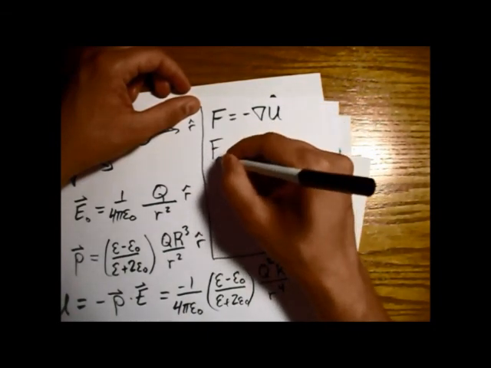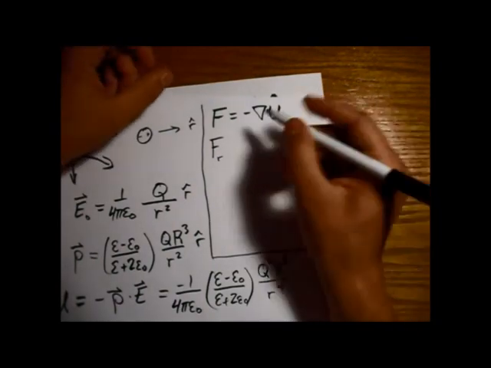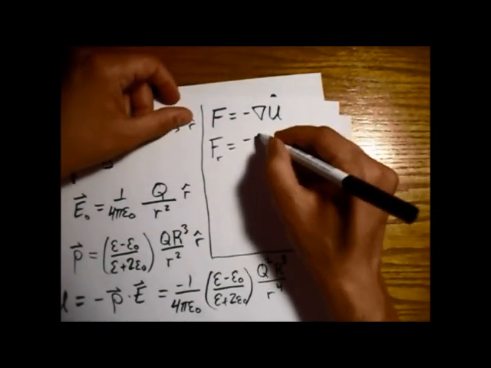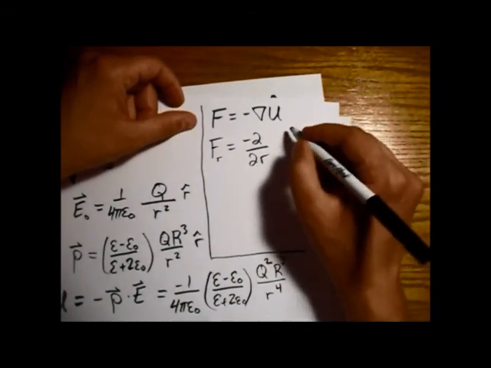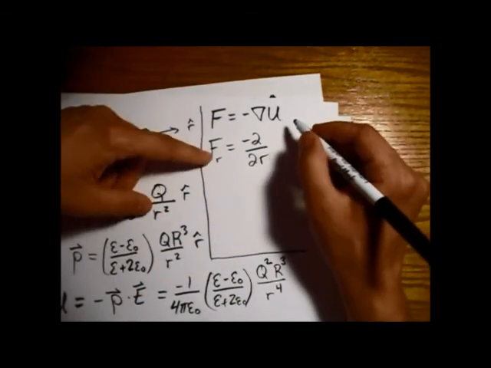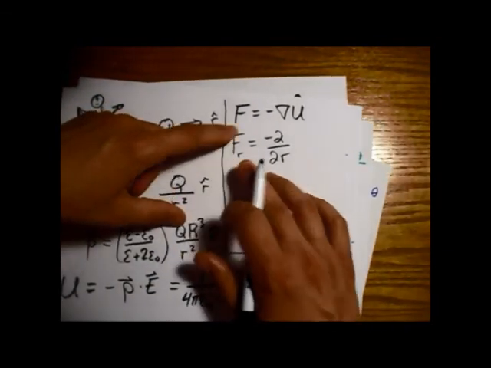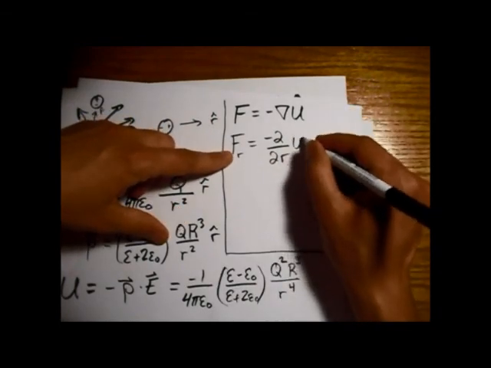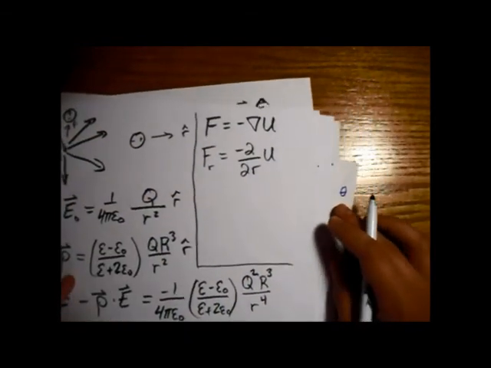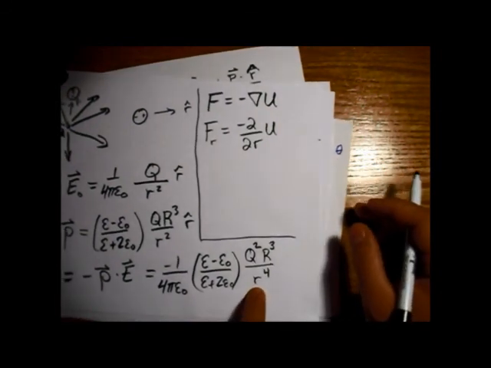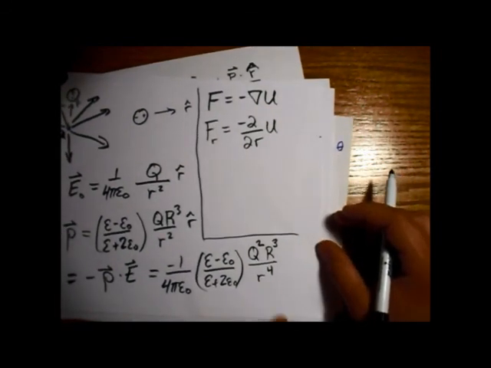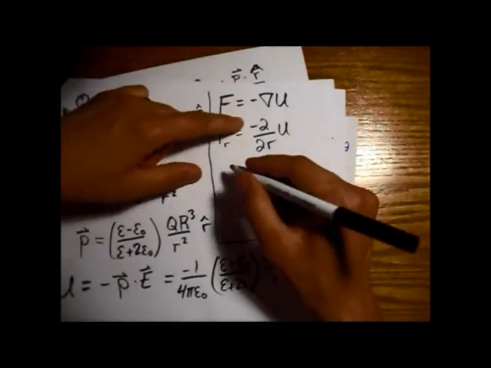I'll put a little subscript r right here, since we're looking at this case where it only depends on r. So we just have to take the derivative with respect to r, and we got an extra minus sign here.